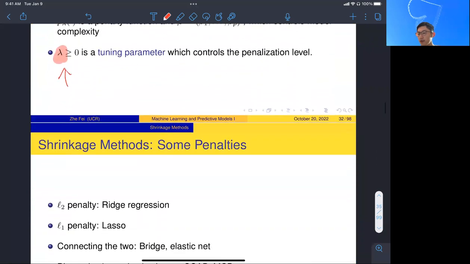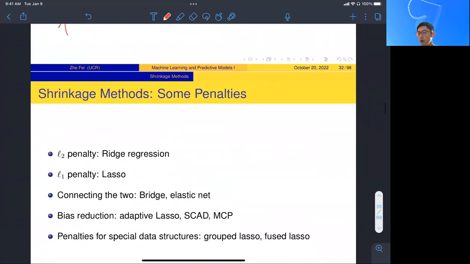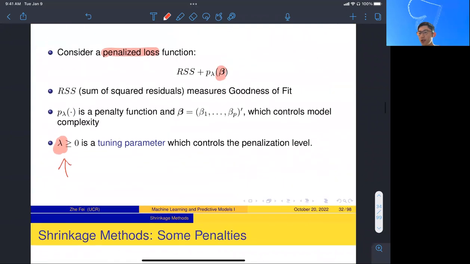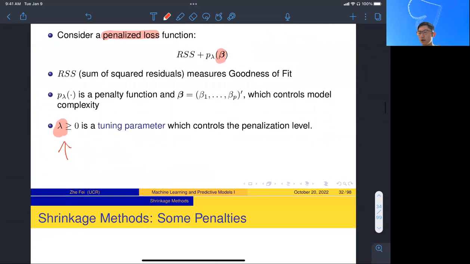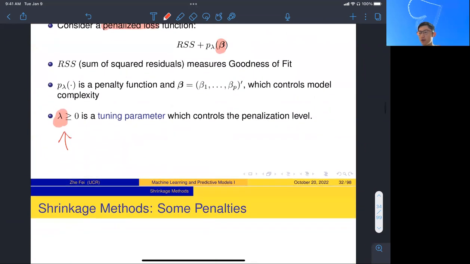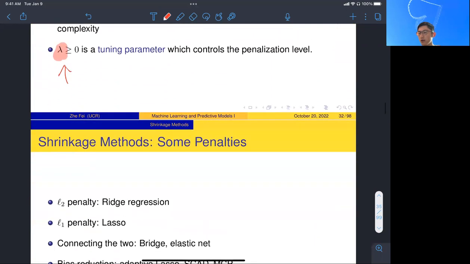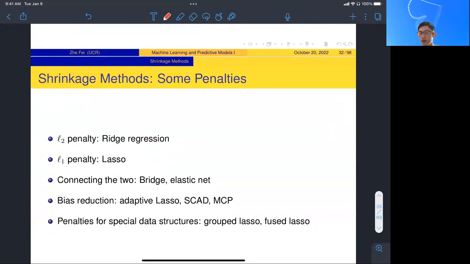Okay, and so because this p lambda is a general function, we could use different penalties for this p lambda function, right?